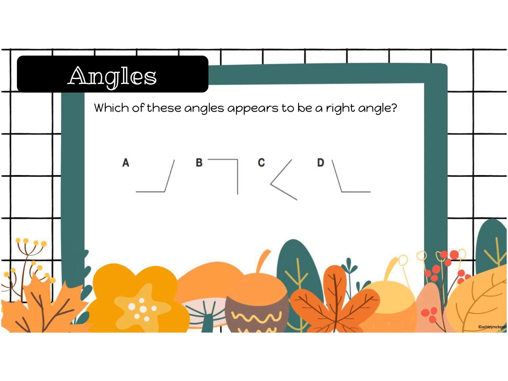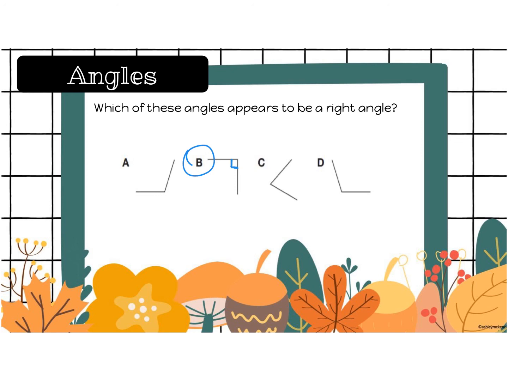Which of these angles appears to be a right angle? Everybody. B. Very good. And if you look at it, and I were to draw a little box in the corner, it does form a perfect square. Okay. Question, raise your hand. What type of angle is A?